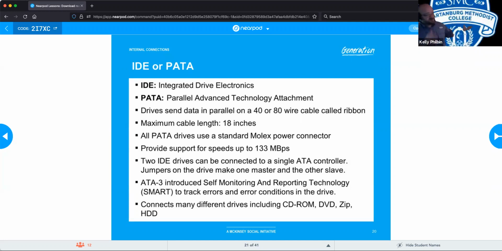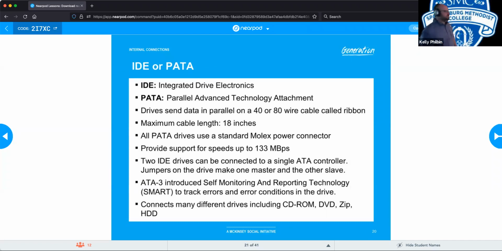Some of them have dual connectors on the same ribbon, and that's how you can do primary and secondary drives internally, or that's how they originally would do the primary and secondary drives. Maximum cable length is around 18 inches, which is not that long, but as it is an internal cable inside a computer, that is more than sufficient to get between the motherboard and the drives.